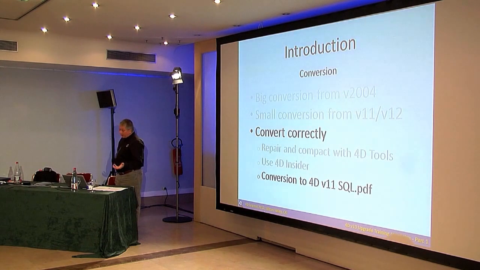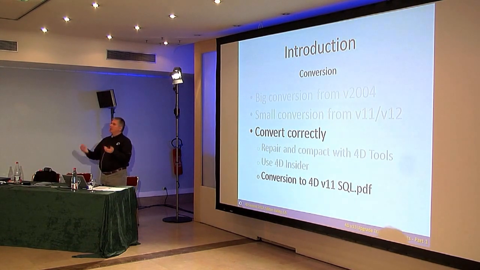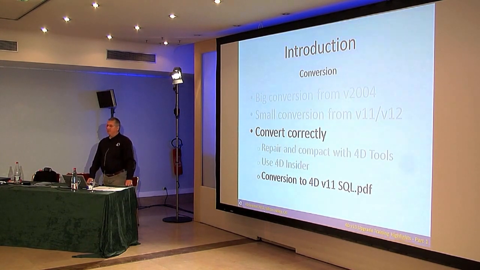And all I said now and much more you can find in a very good document, conversion guide to v11 sql.pdf. You will find it in the documentation center on the v11 pages. You will not find it in the v13 or v12, but in the v11 pages.